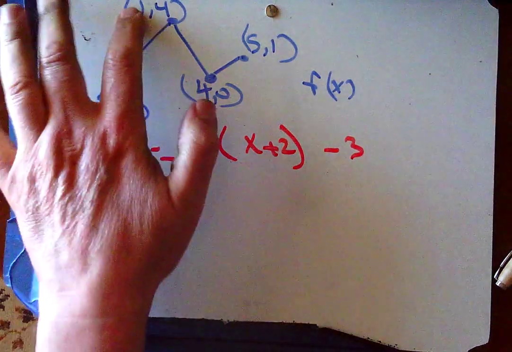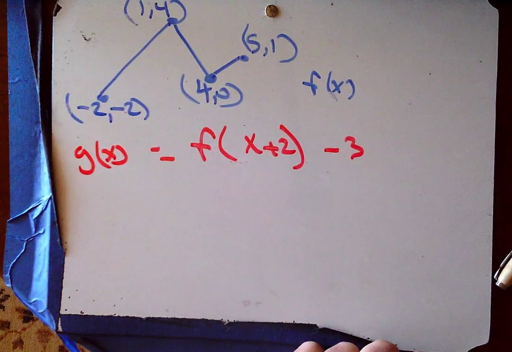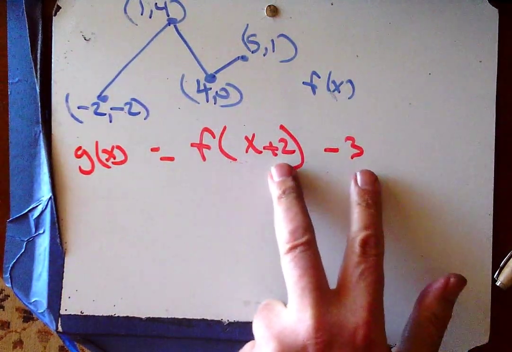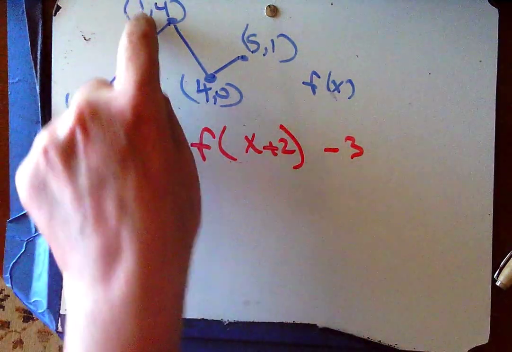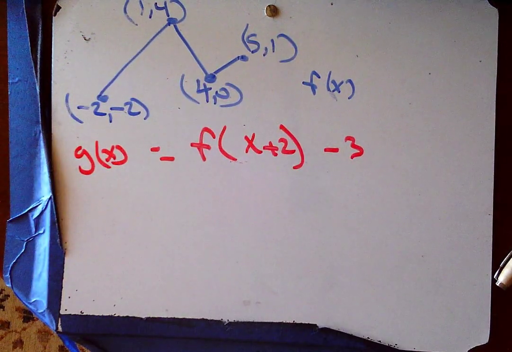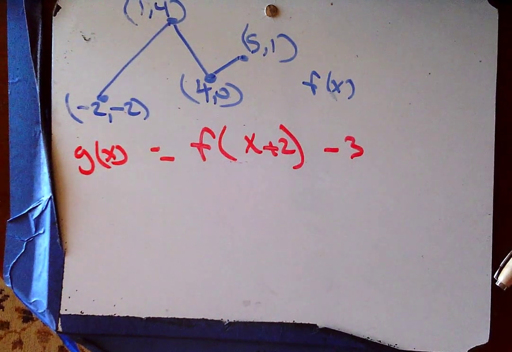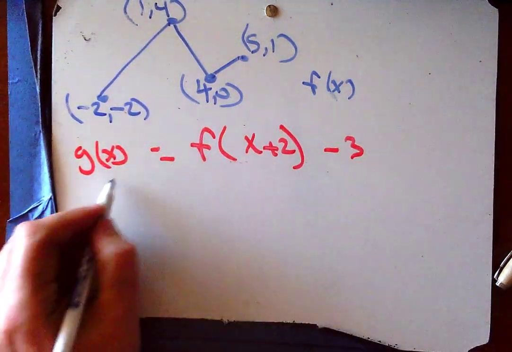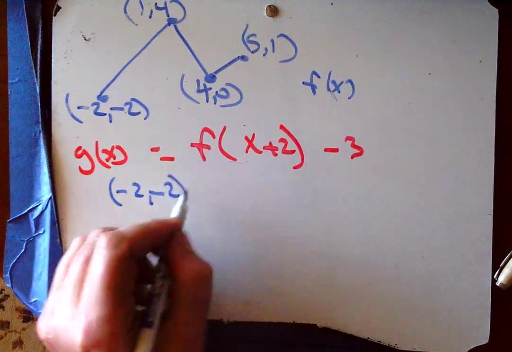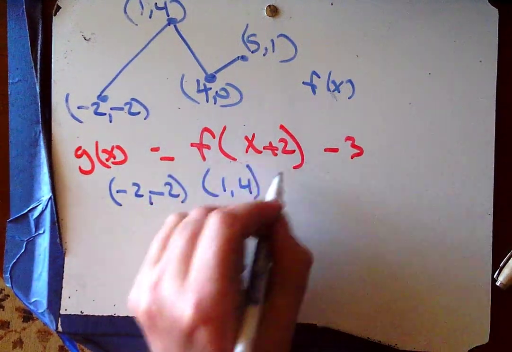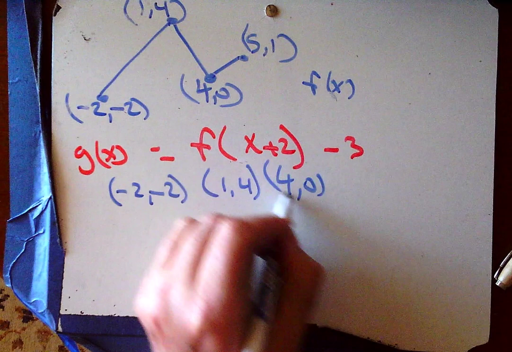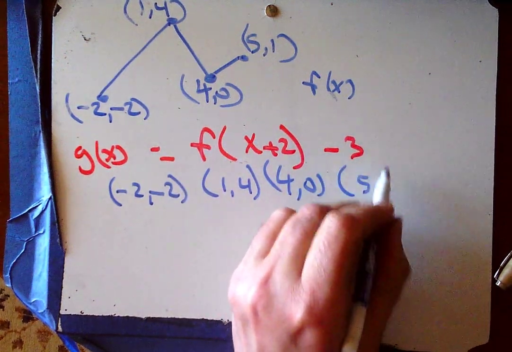Remember, these are the reference points for f of x. So you carry out these transformations on these points. So let's put those reference points down: negative 2, negative 2, 1, 4, 4, 0, and 5, 1.